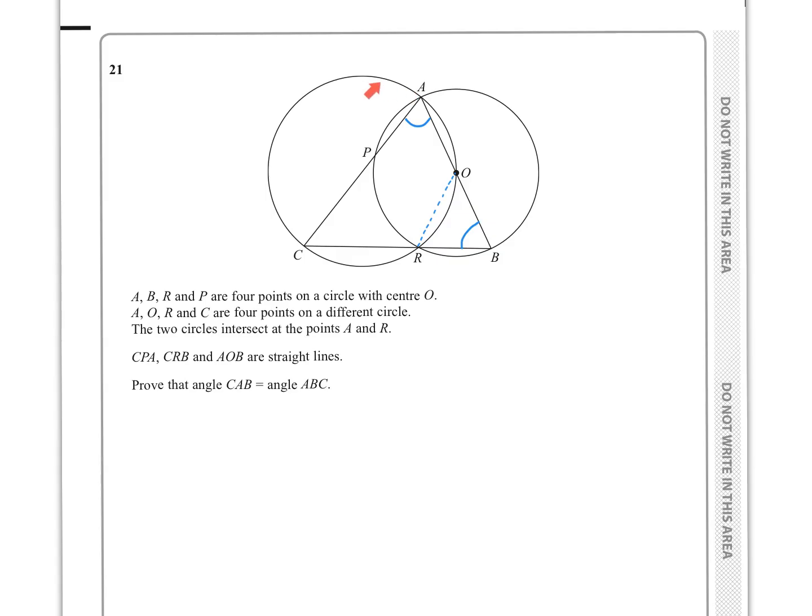So if you look at this circle here, can you see we have a cyclic quadrilateral? Now I'm going to call this angle here x. So this angle here should be 180 minus x.